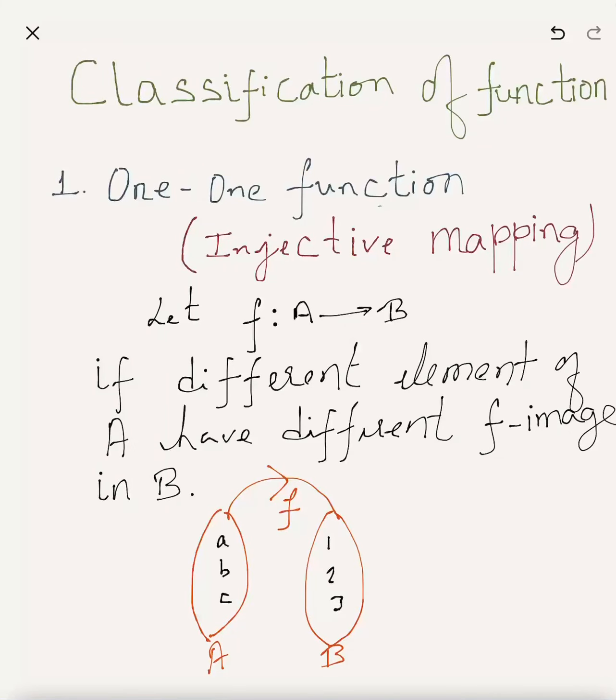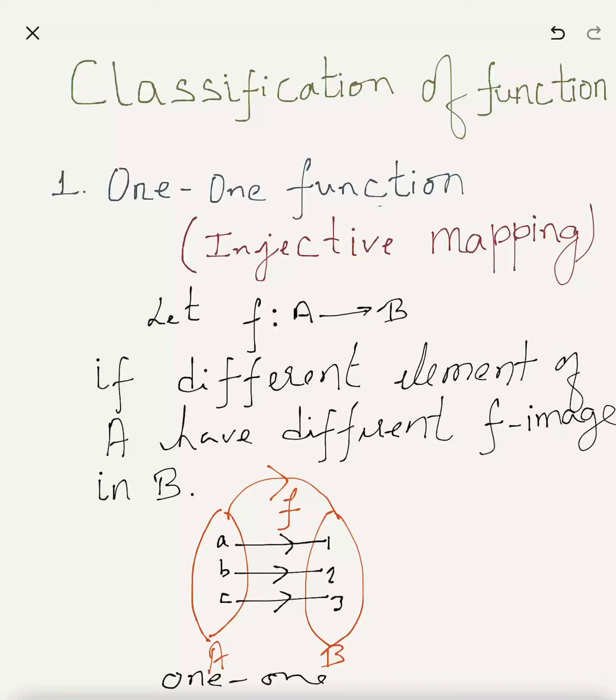So what does this statement say? If different elements of A have different f images in B, suppose a goes to 1, b has image 2 and c has image 3. You can also make a go to 2, b go to 1, or c go to 3, like that. So different elements in set A have different f images in set B, isn't it? So this is one-one.